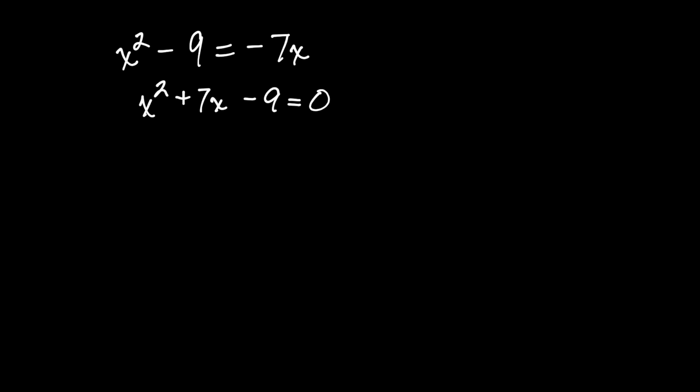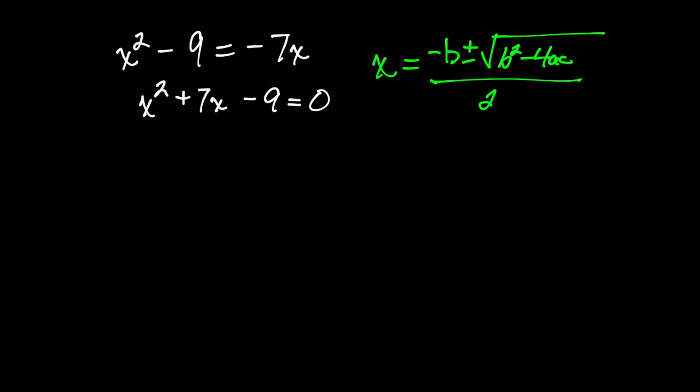So let's go ahead and use our quadratic formula, which is opposite of b plus or minus square root of b squared minus 4ac all over 2a. But what is our a, what is our b, what is our c?